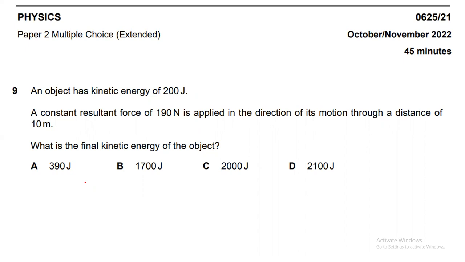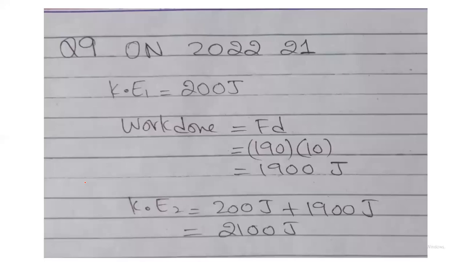The work done is equals to the change in the kinetic energy. Okay, so here we have the kinetic energy. First, the kinetic energy is 200 joules. Now you have done work on it, and you have applied the force in the same direction. So the work done will be equals to force into distance, 190 Newton force into the 10-meter distance. So you will have 1900 joules.